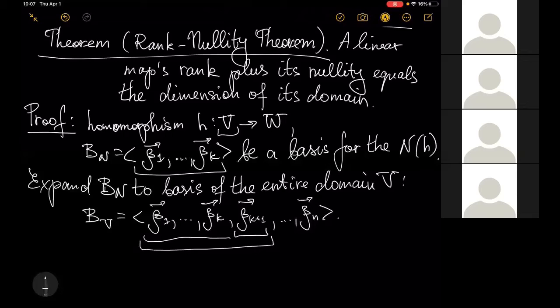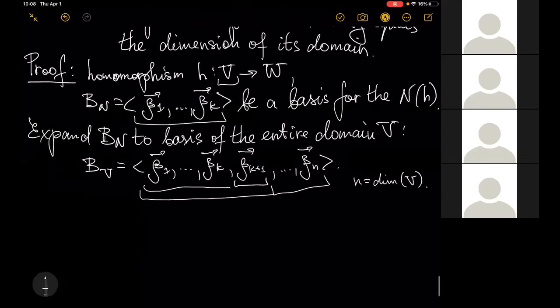You can continue like that until you get n linearly independent vectors for the n-dimensional space V. Then by the theorem which we have proven before, they form a basis, right? Okay, that's essentially what we need to do.